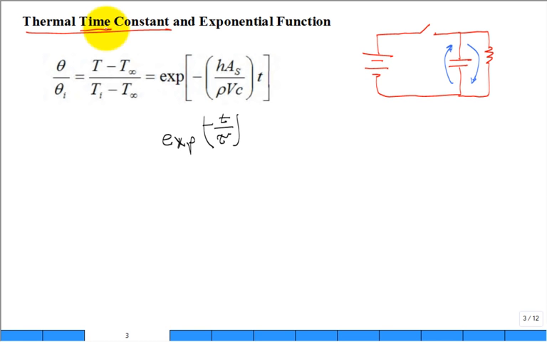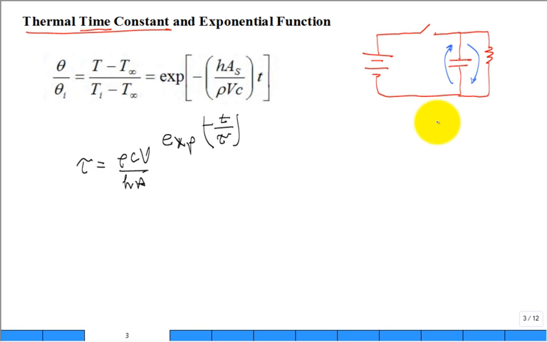Just doing some name calling, what is the thermal time constant for this problem, tau? Rho CV divided by HA, isn't it? Isn't that the thermal time constant? Okay.